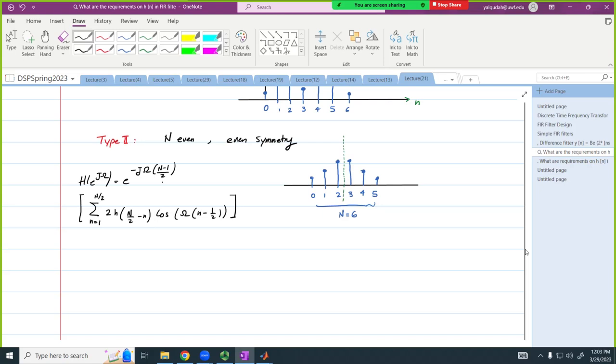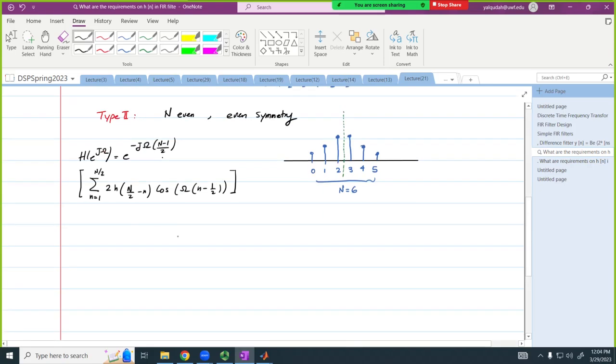So if I look at this filter, what is H of e to the j omega when omega is equal to pi? Half.